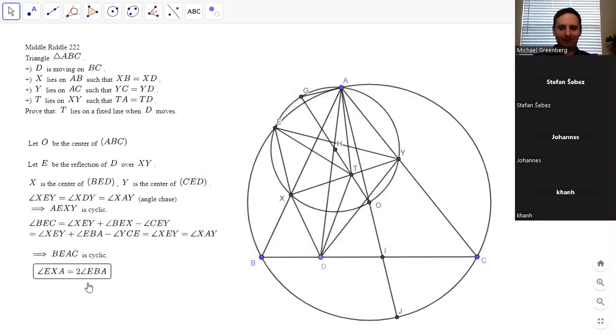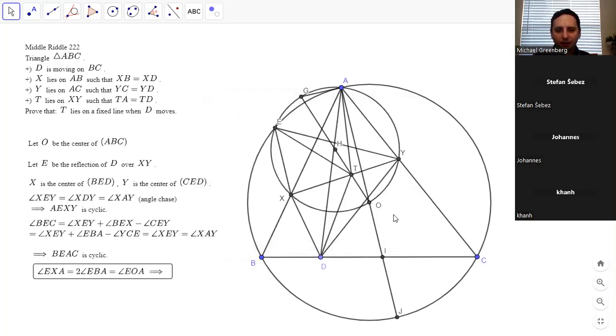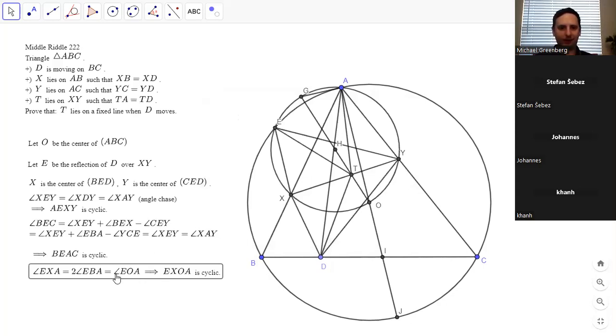And which is angle EOA. And that means that EXOA is cyclic. And then similarly, EYOA is cyclic.